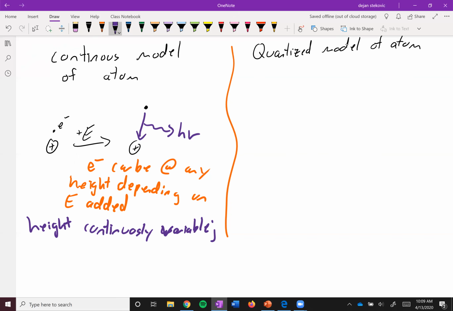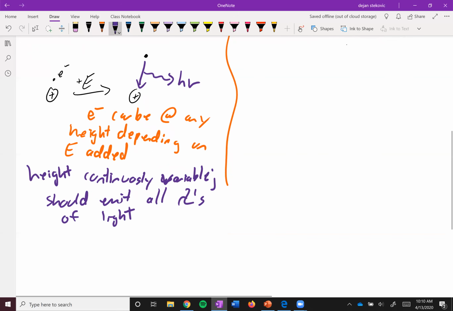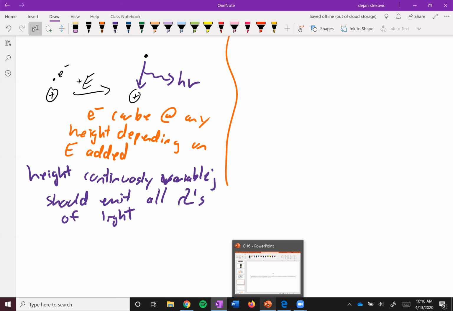Right, continuously variable. So this electron should emit all wavelengths of light, because we should be able to excite it any amount that we want, and then it should relax that same amount. So if we want it to emit blue light, we can shoot blue light at it and it'll emit blue light back, green light, red light, whatever.